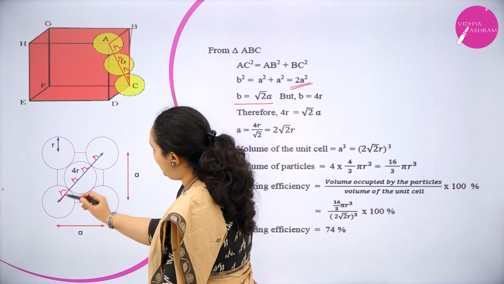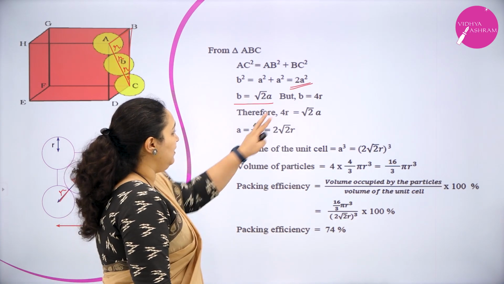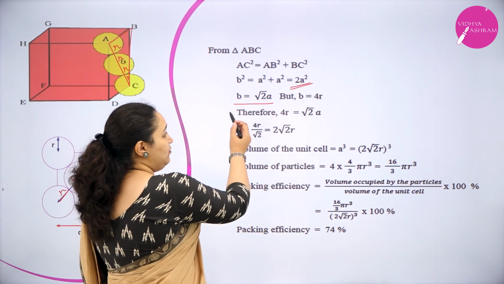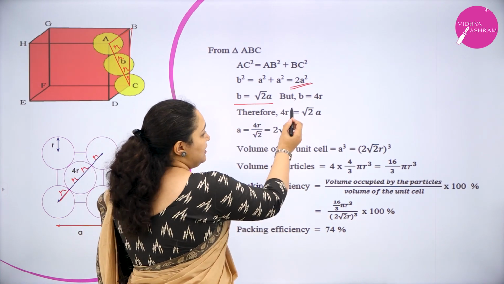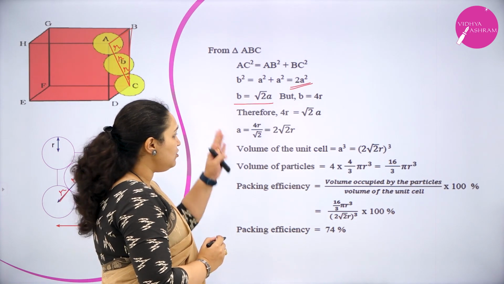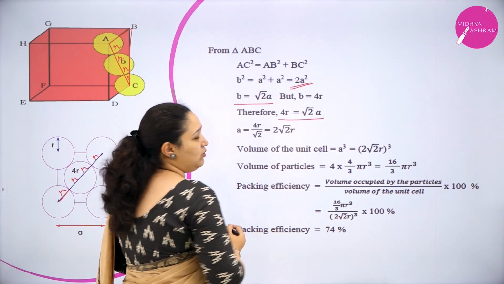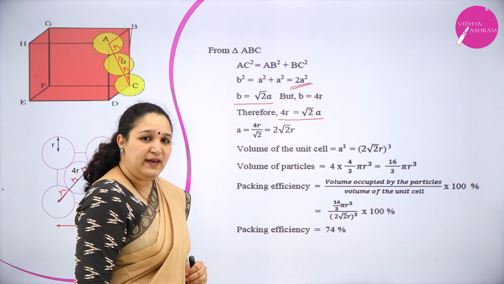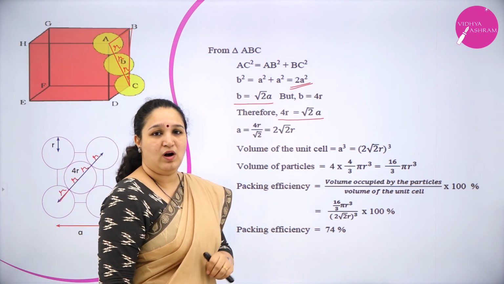So what is it? b is equal to 4r. We are going to substitute that here. b is equal to 4r. So I have got b is equal to root 2 a. Also from the diagram I have got b is equal to 4r. So therefore we are going to equate these two to write 4r is equal to root 2 a, or a is equal to 4r by root 2, which can also be written as 2 root 2 r.